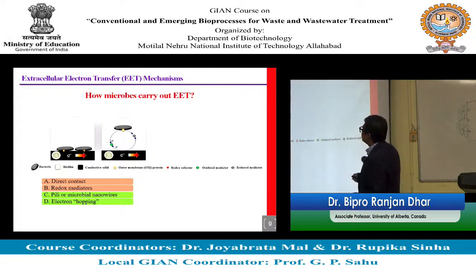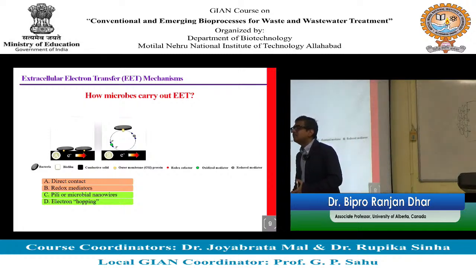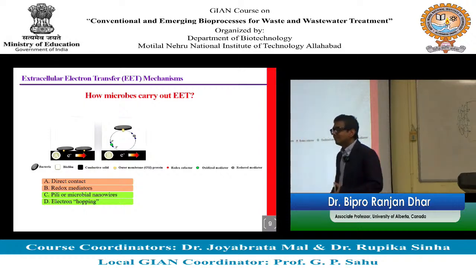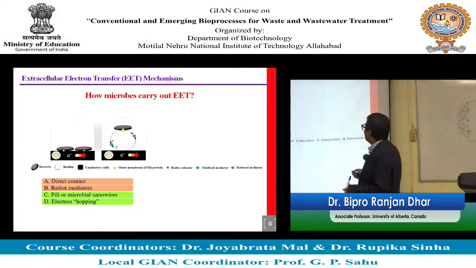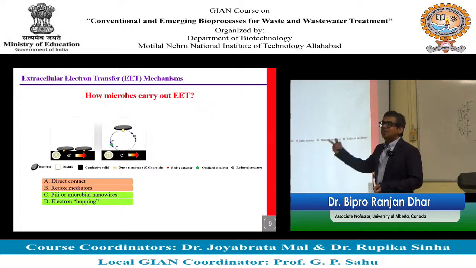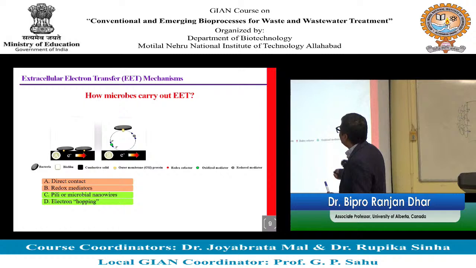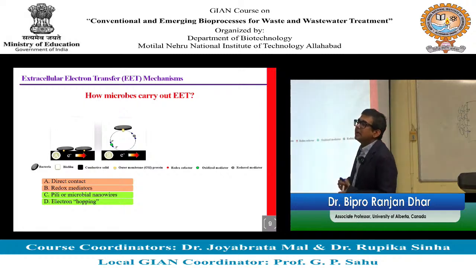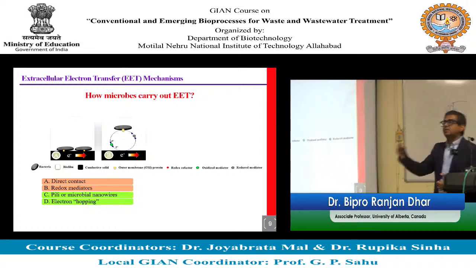On the outer membrane protein they are going to be reduced, they take electrons, right? And then on the electrode surface they are going to be oxidized. Going back, they are reduced again and oxidized. So they are redox active compounds, and they can be either oxidized or reduced if needed.